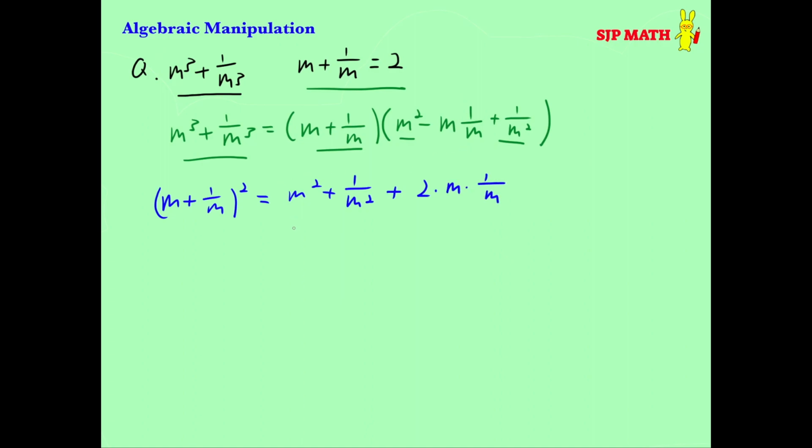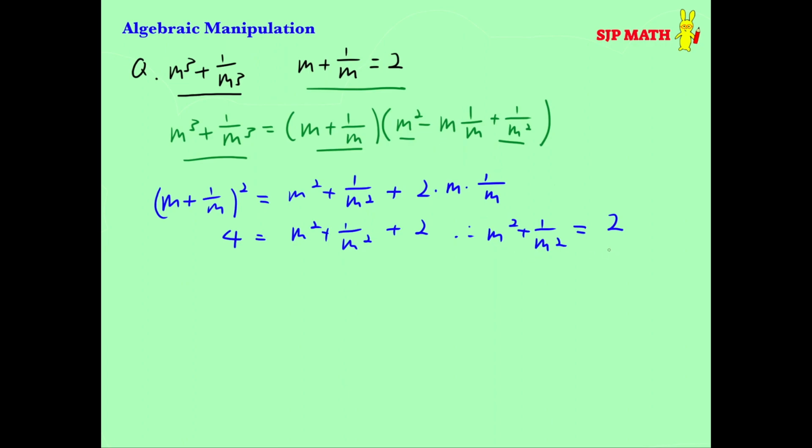And therefore, m squared plus 1 over m squared plus 2, because this cancels out, is 2 squared, which is 4. Therefore m squared plus 1 over m squared is equal to 2.